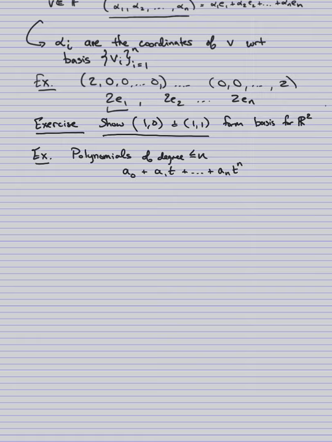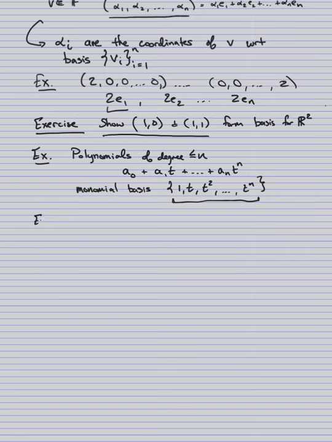The standard basis is called the basis of monomials, which is the collection 1, t, t squared, up to t to the n. Obviously any polynomial of degree less than or equal to n can, essentially by definition, be written as a sum of terms in the field times these monomials.